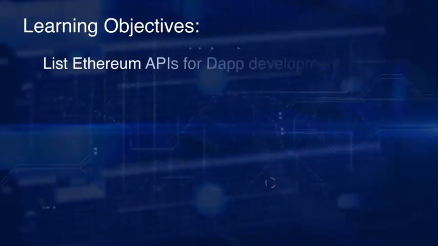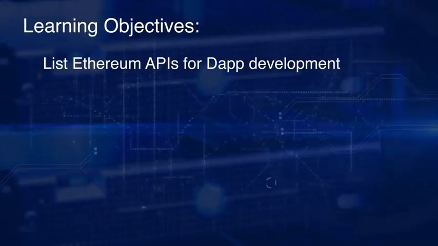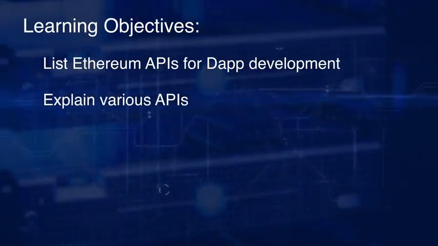Access to an API can be controlled by a specific access method, for example, public keys, if so warranted by the application. On completion of this lesson, you will be able to list the Ethereum APIs that facilitate DApp development, and explain the functions and usage details of the various APIs.